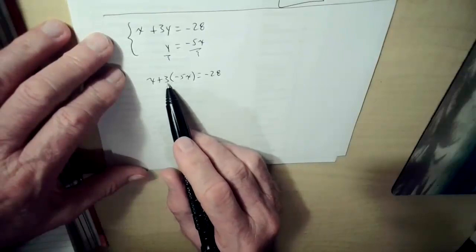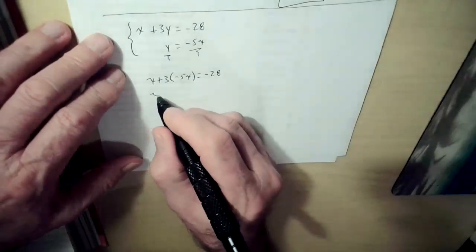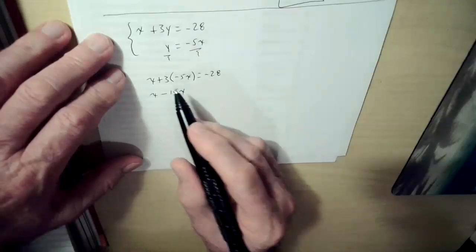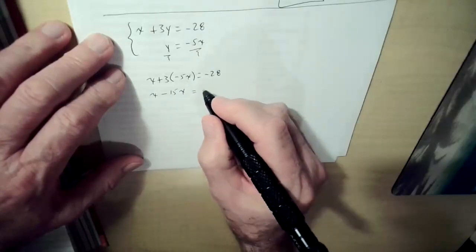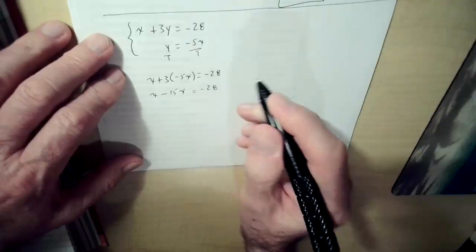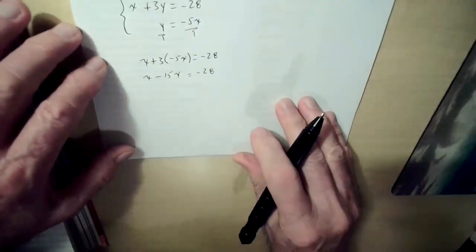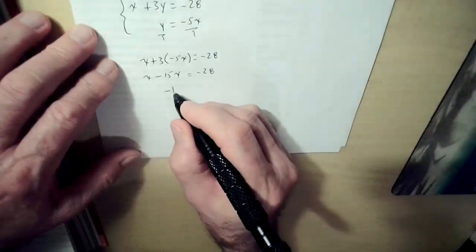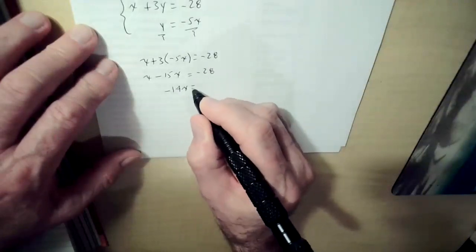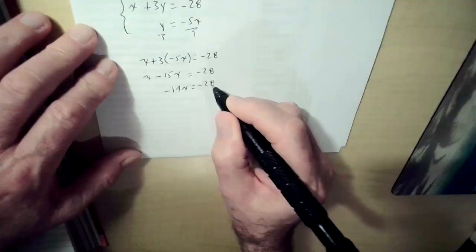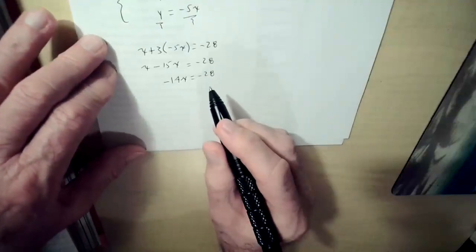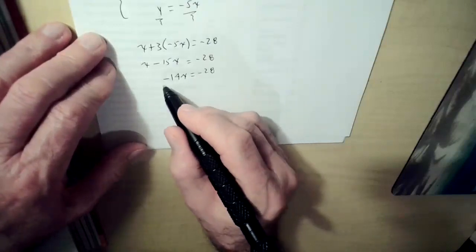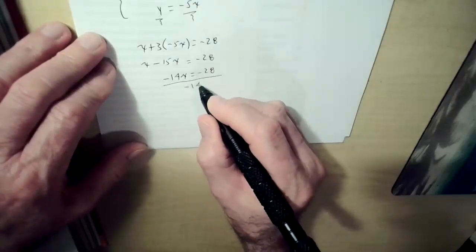Now there's basically only one thing you can do here, and that's multiply 3 times negative 5x, so we get x minus 15x equals negative 28. Combine like terms here, we get negative 14x equals negative 28.